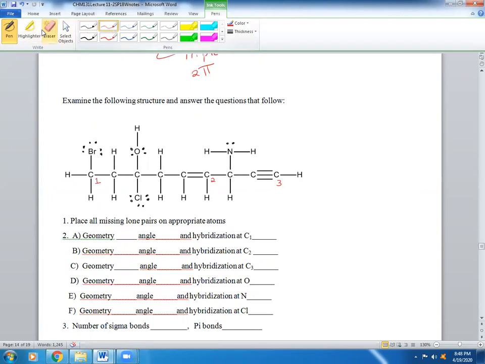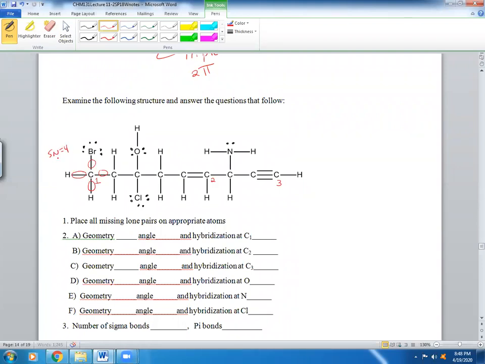So let me just maximize this a little bit so you can see it better. Okay. So here's my C1. C1 has 1, 2, 3, 4 domains. So that's a steric number of 4.